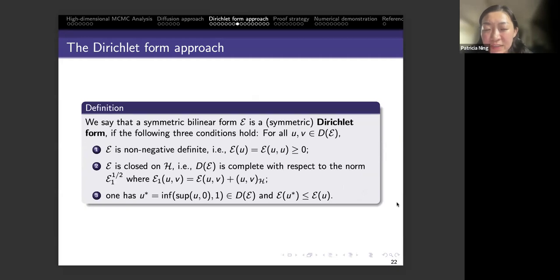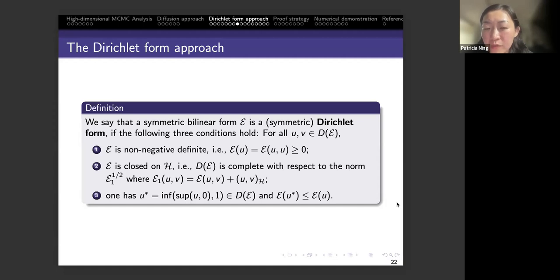So next, we say that a symmetric bilinear form E is a symmetric Dirichlet form if the following three conditions hold for any u, v in D(E). Firstly, E is non-negative definite. So E(u), which is a short abbreviation for E(u,u), is non-negative. Next, E is closed on H. That means the domain of E is complete with respect to the norm of E_1 to the half.